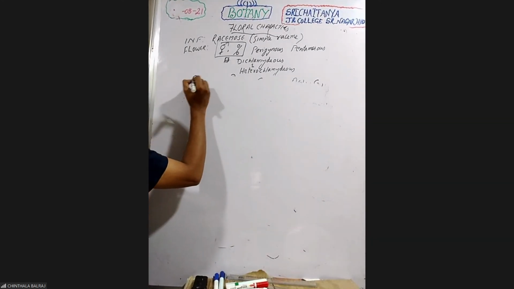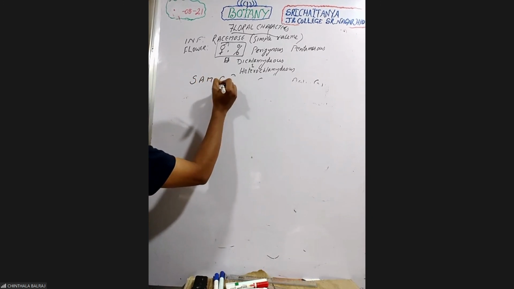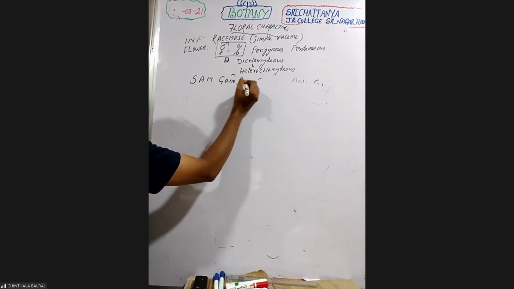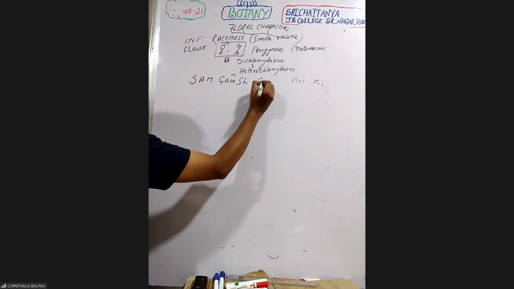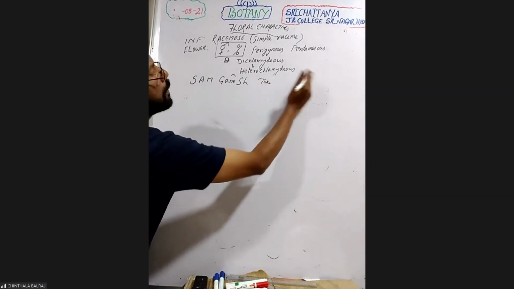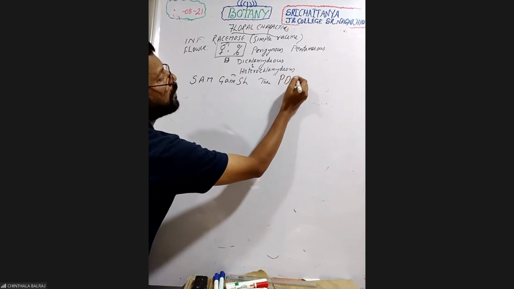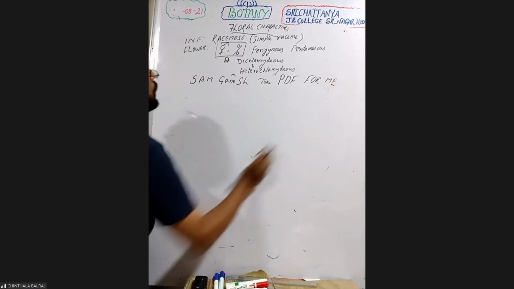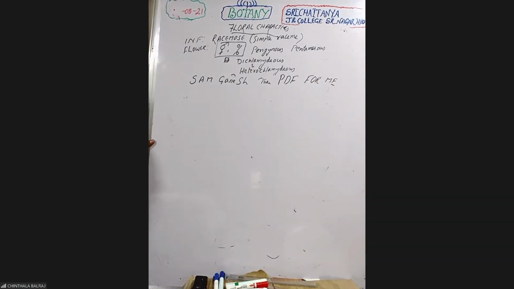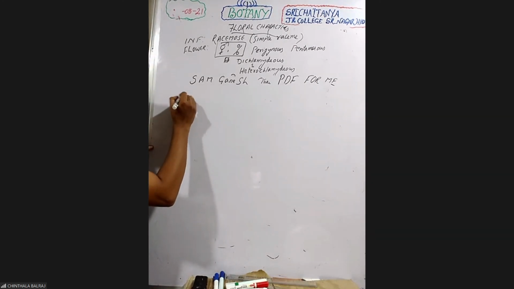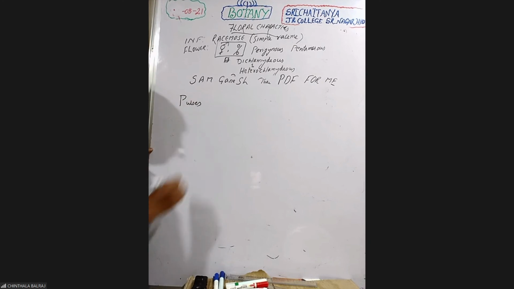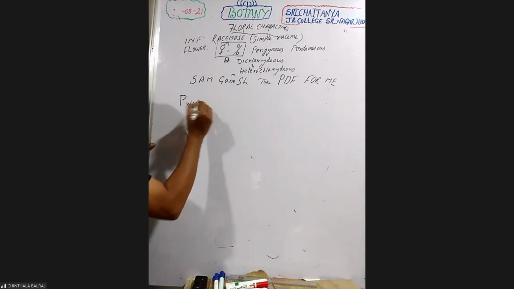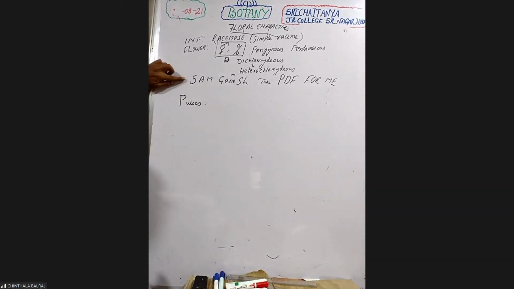What is the first one? Sam Ganesh take PDF for me. First I will write E, meaning pulses. What are the pulses?